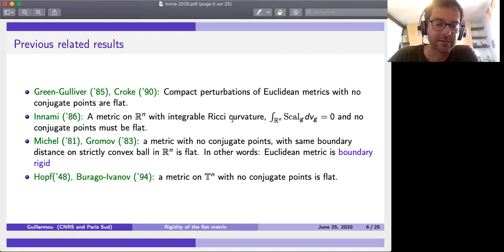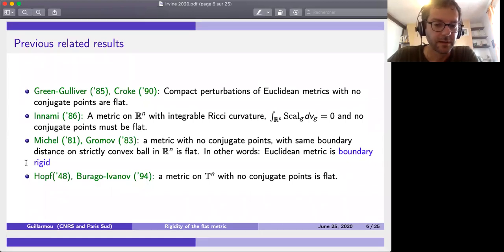Of course, you can say it's also something about infinity in some sense, but there is also an identity on the integral of the scalar curvature. The scalar curvature needs to be integrable, and the integral needs to be 0 for the result to hold. So the class we consider does not really enter in any of these results.